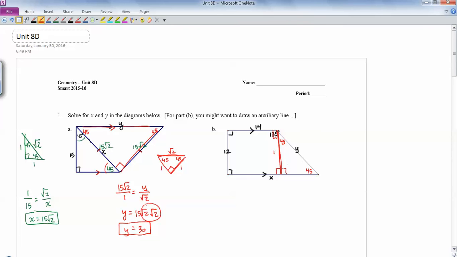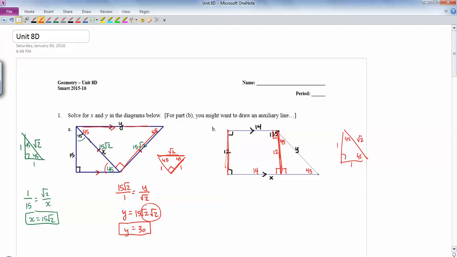Well, this side right here, since it's a rectangle and this is 12 right there, you know that this side's going to be 12. This part's going to be 14 down on the bottom because the top is 14. So let me draw in the basic 45, 45, 90. 1, 1, root 2, 45, 45.